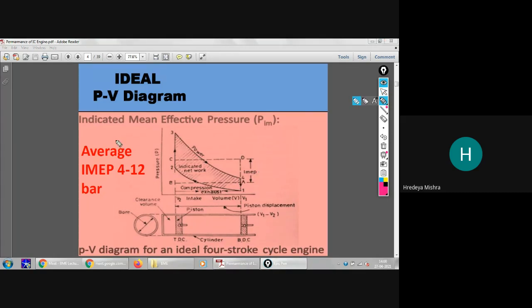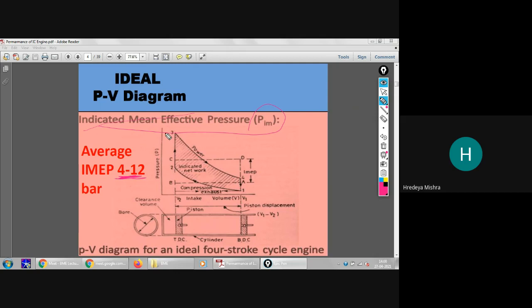Now see here, indicated mean effective pressure, IMEP, the average indicated mean effective pressure, is 4 bar to 12 bar.